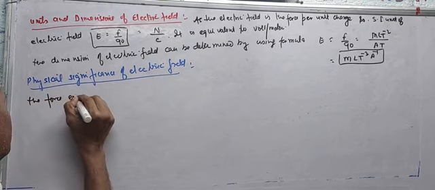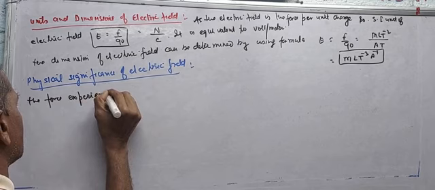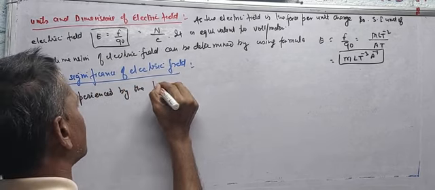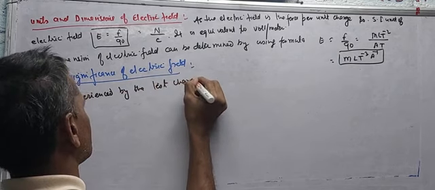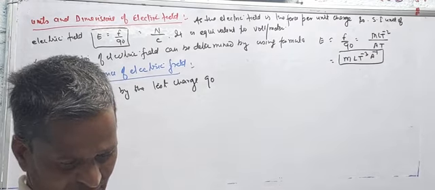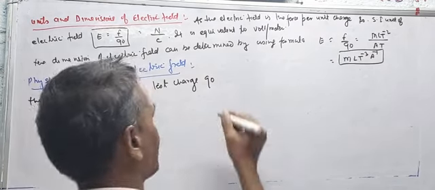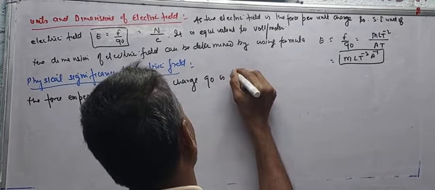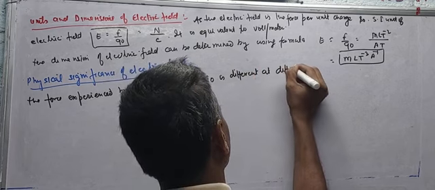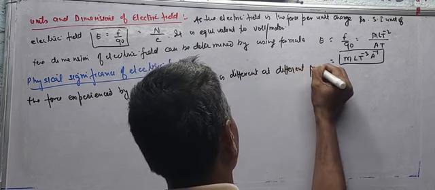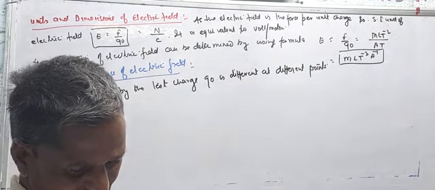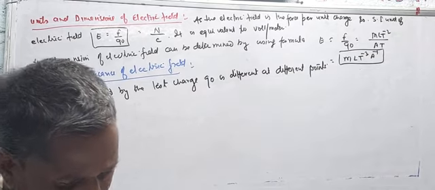The force experienced by the test charge q0 is different at different points. So vector E also varies from point to point.